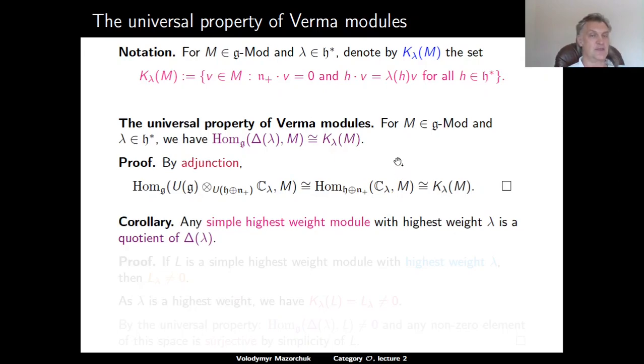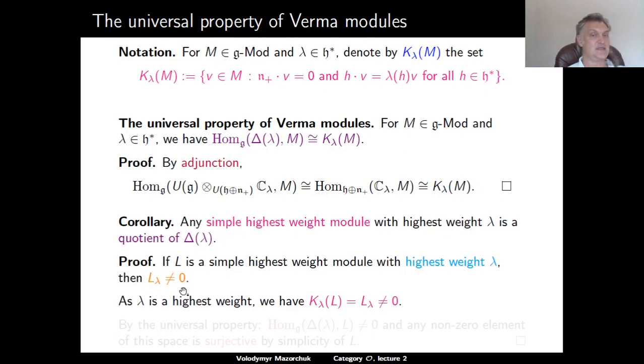A corollary from this universal property is that any simple highest weight module with highest weight lambda is actually a quotient of the Verma module delta lambda. Indeed, if L is a simple highest weight module with highest weight lambda, then the weight space L_lambda should be non-zero. But since it's a highest weight space, the corresponding space k_lambda of L should coincide with it, because being a highest weight it is killed by n plus.